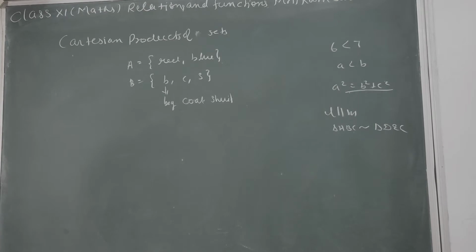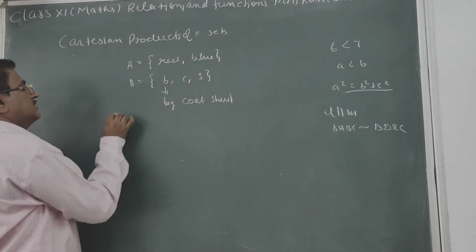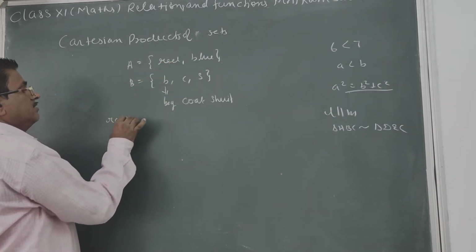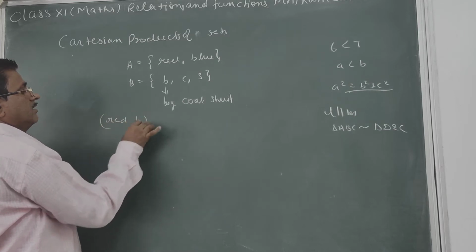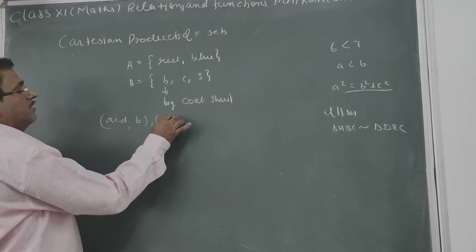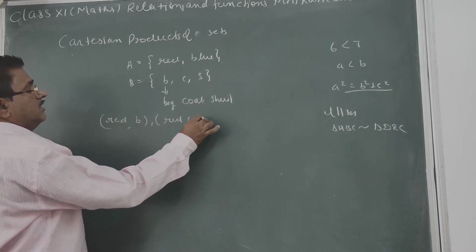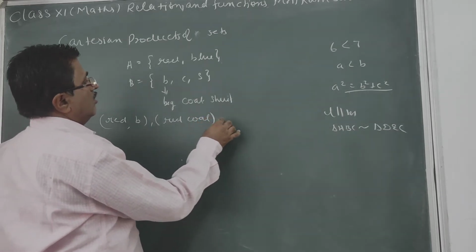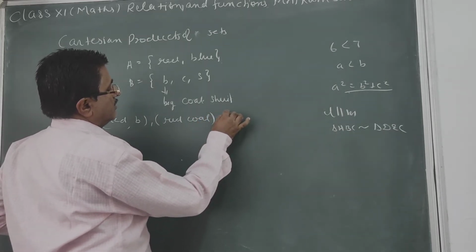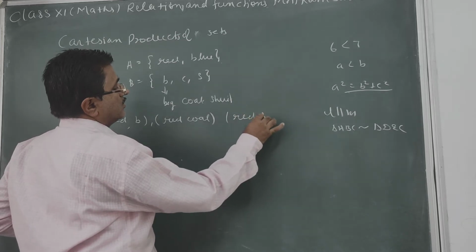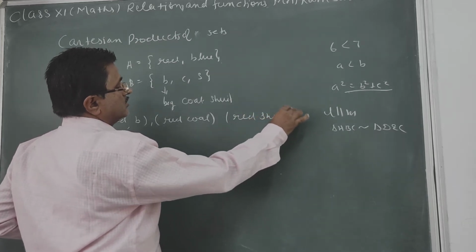So how many pairs of color and object can be made from these two sets? यानी आप पेयर बनाना चाहो तो रेड के साथ भी आ सकता है, यानी रेड बैग और रेड cord हो सकता है, और रेड shoe.